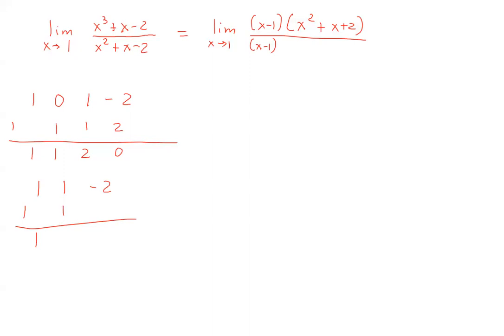That will bring us 1 here, 2, 2, 0. So this will be x plus 2. And now we have a life-saving cancellation. And once we do that, then we come up with a limit that we can actually compute by just plugging in.